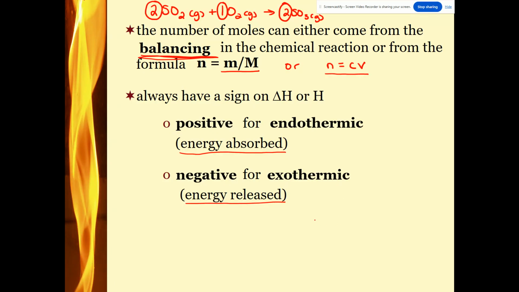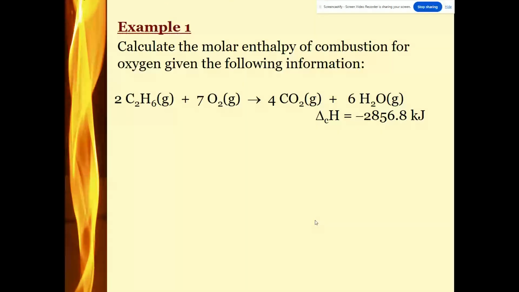Now, we'll look at how to use this formula in a couple of examples. So I'm given the following reaction. It is showing me the combustion of ethane, and it's given to me in delta H notation, where the delta H is written off to the side as its own value. Notice how it's negative, representing an exothermic reaction. Notice how it also has a little C here, because this is specific to a combustion reaction.